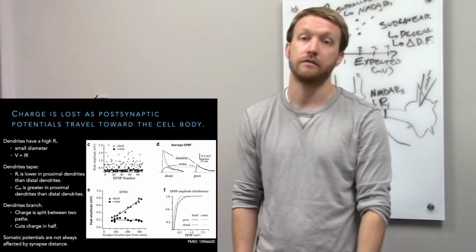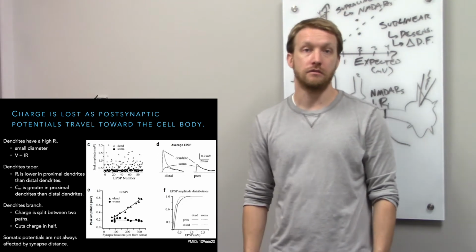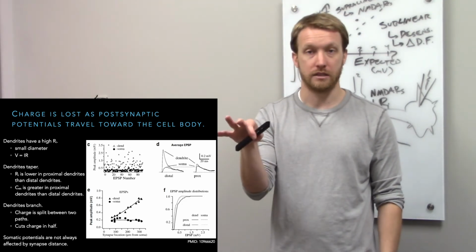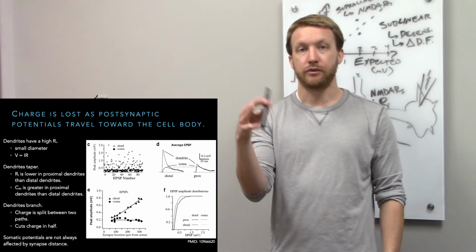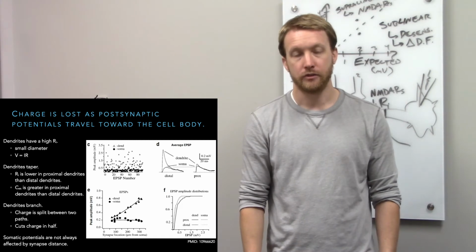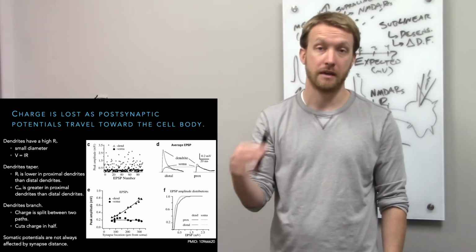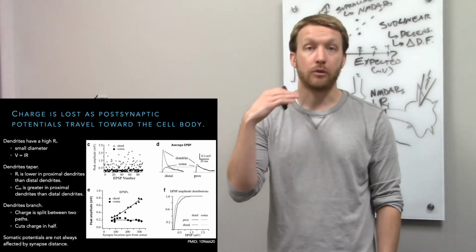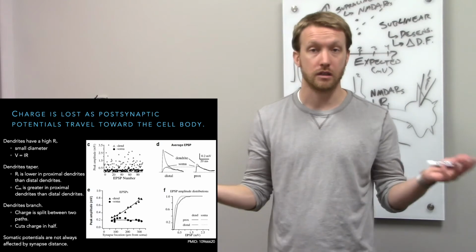So here's another set of data showing you how active conductances in dendrites are actually going to essentially normalize somatic potentials as a function of distance. So it doesn't matter if you're 300 microns away from the soma or 100 microns from the soma. Those dendritic potentials will be much larger when you're 300 microns away, but by the time they make it to the soma, now we're getting a fairly consistent 0.2 millivolt depolarization, regardless of distance.